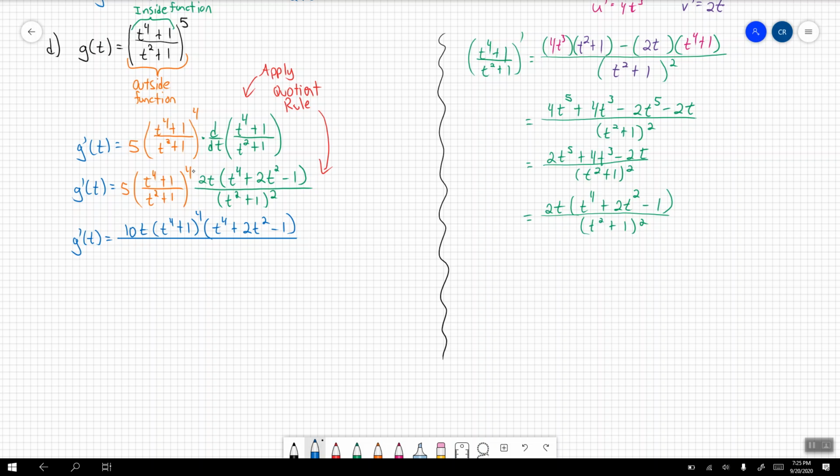The one in orange has a power of 4, but the one in green has a power of 2. Since they're the same base of t squared plus 1, we're going to add them to have an exponent of 6. And this is our final derivative. This is the derivative that we arrive at when we're taking the derivative of that function. And again, we applied the quotient rule, and we also applied the chain rule.